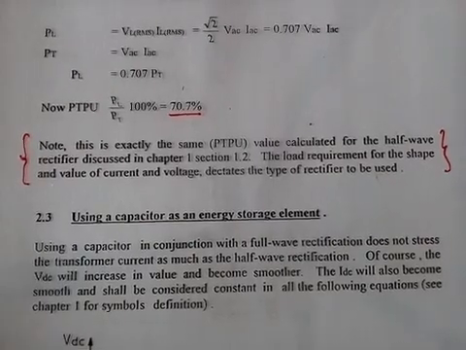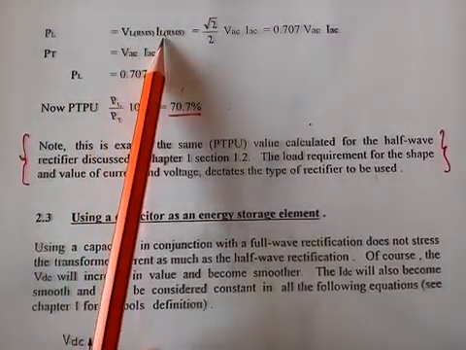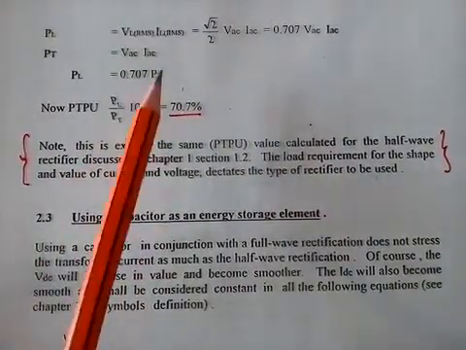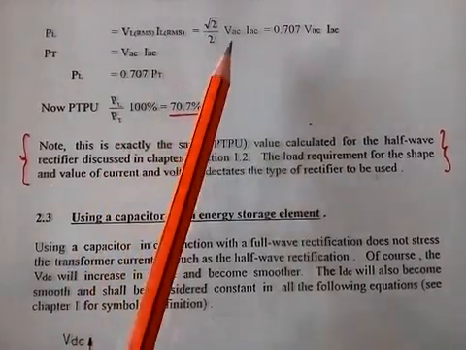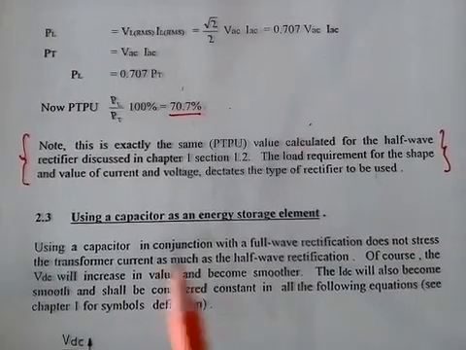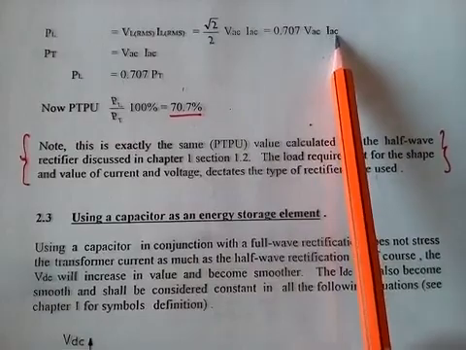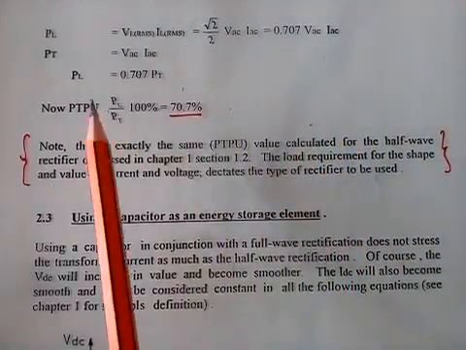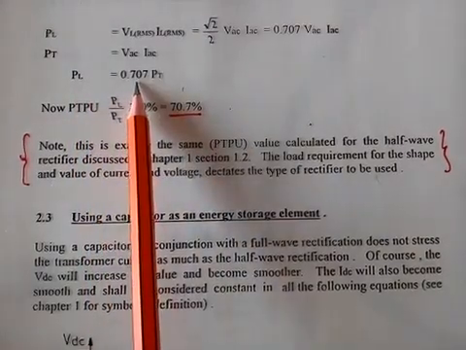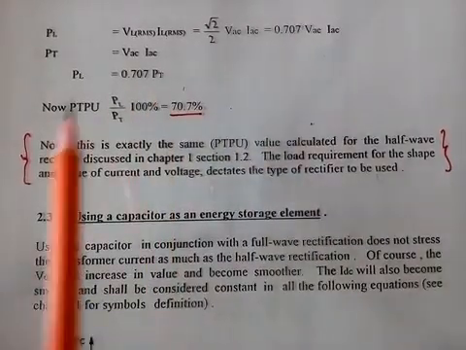So the power across the load will be VL in RMS multiplied by IL in RMS, and that equals root 2 divided by 2 multiplied by VAC times IAC, which equals 0.707 of VAC times IAC, which means that the power across the load is 71% of the total power of the transformer.